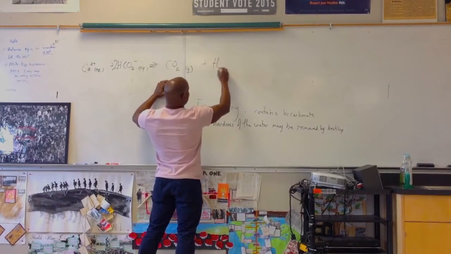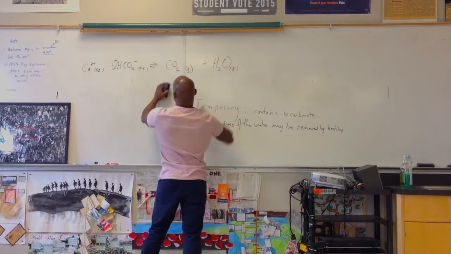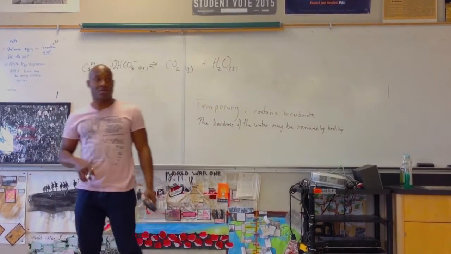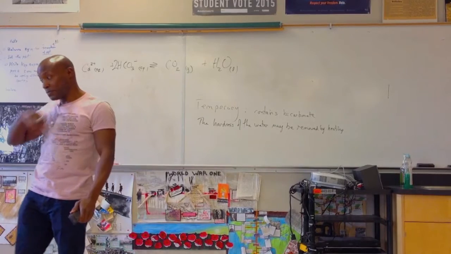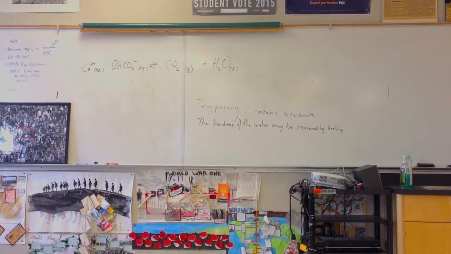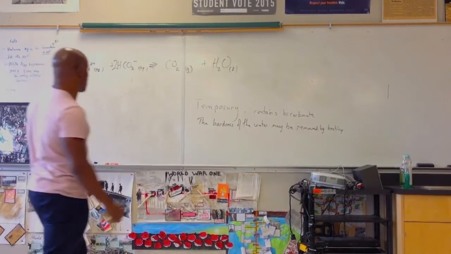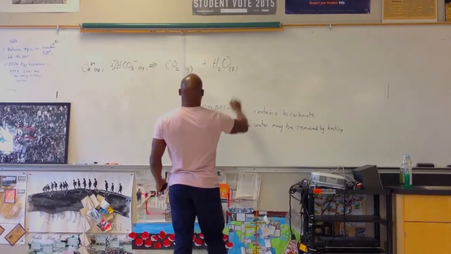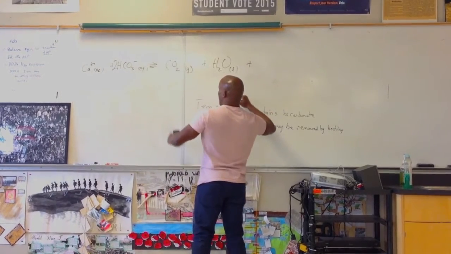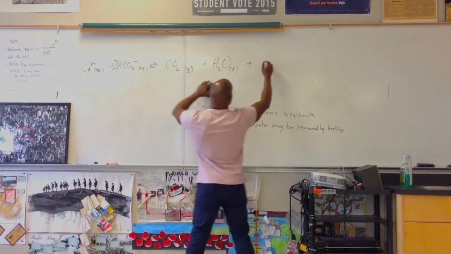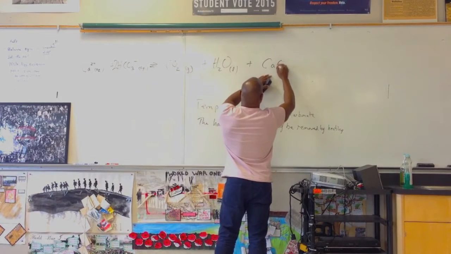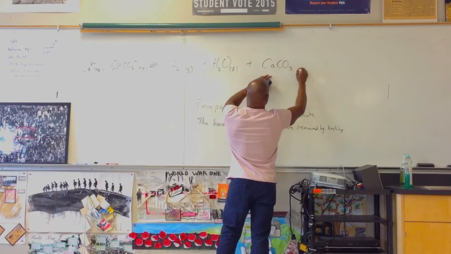Other thing that we're going to get out of this is water. It'll be in the liquid form, because we're carrying out this not too far from room temperature. And our remaining product is calcium carbonate.